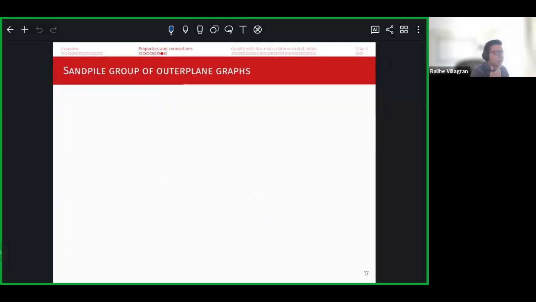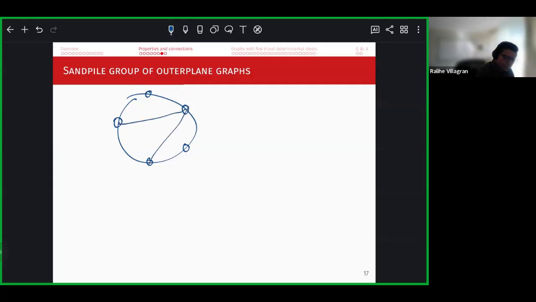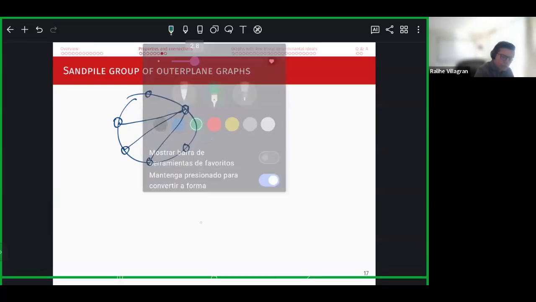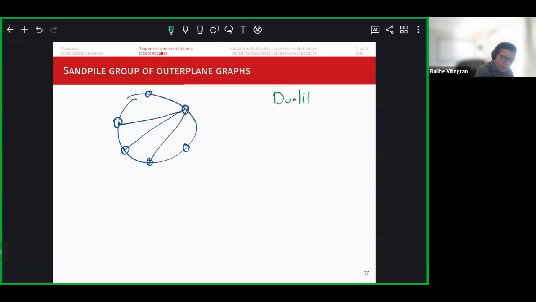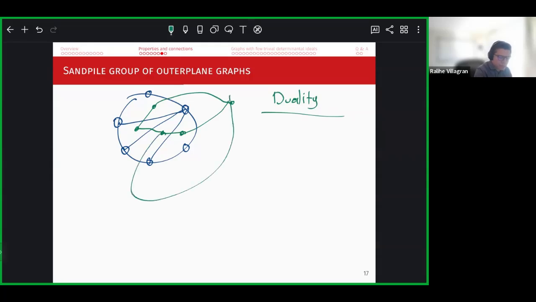So for instance, we can characterize the sandpile group for outerplane graphs, because every time we have any outerplane graph, like this one, then if we think about its plane dual, that is the graph defined by placing one vertex in each one of the faces, and then every time you have an edge between those two faces, you write an edge. So something like that.